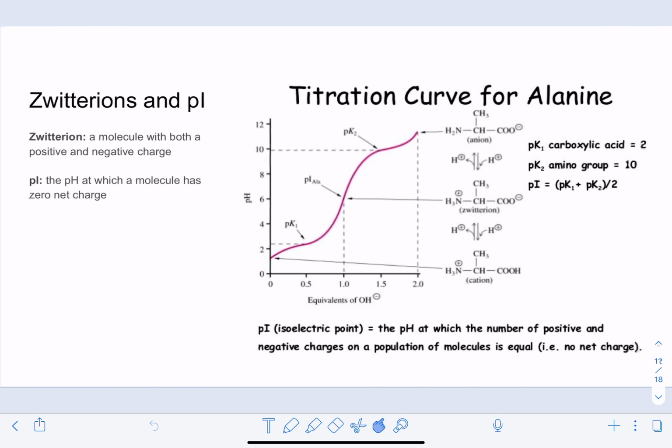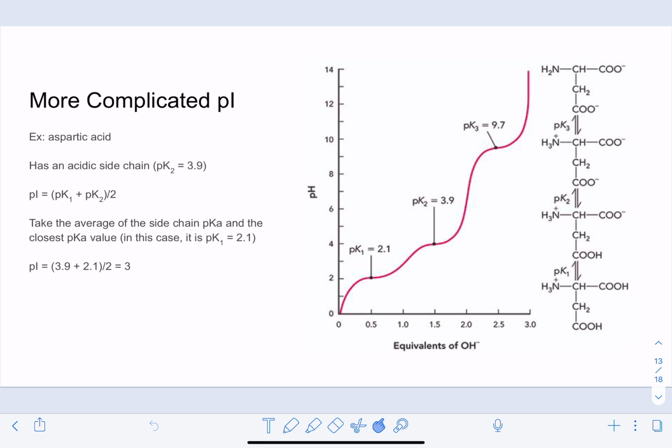Since there are only two pKa values, for the amine and the carboxyl group, we just take the arithmetic average of the two to get the pI. So for this example, you would do 2 plus 10 divided by 2, so the pI is 6.